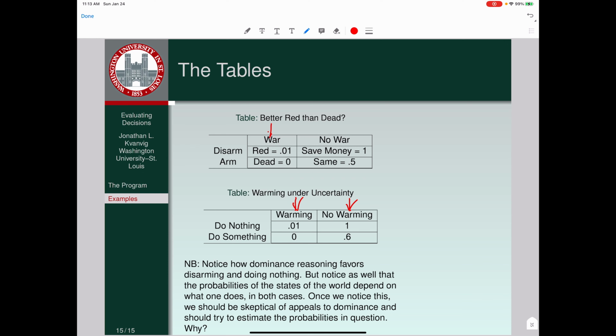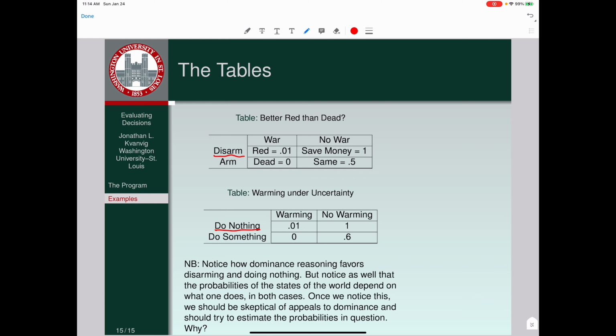Similarly, either there's going to be a nuclear war or there's not. And if there's going to be a nuclear war, disarming beats arming. And if there's not going to be a war, saving money beats spending the money to arm. So notice the numbers are not going to matter much here. You're still going to get dominance reasoning favoring doing nothing, and disarming.